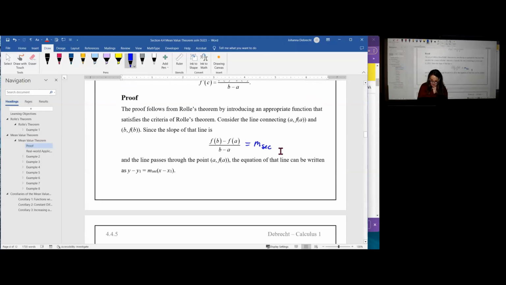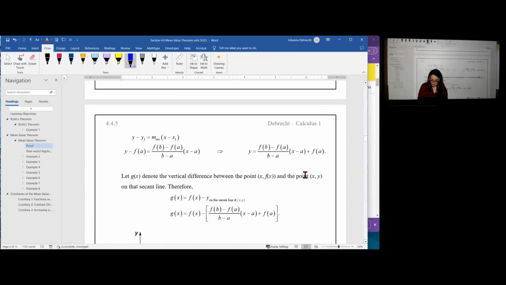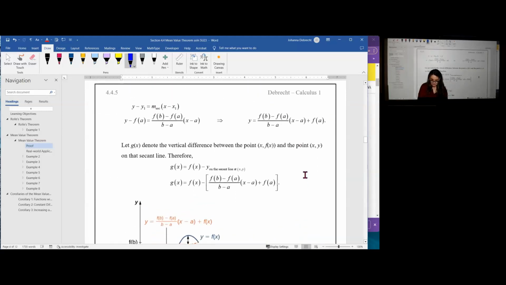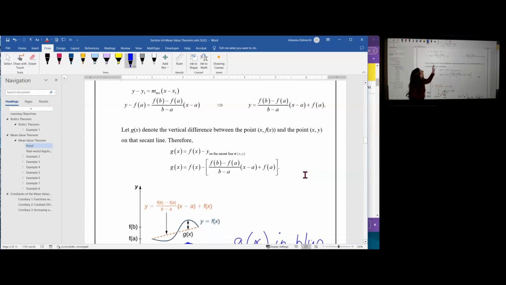This allows us to then rewrite it in the form that you see here. y minus f of a equals the difference quotient times x minus a. We can solve for the y value on the secant line by moving the f of a term to the right side, which gives us the y value on the secant line.